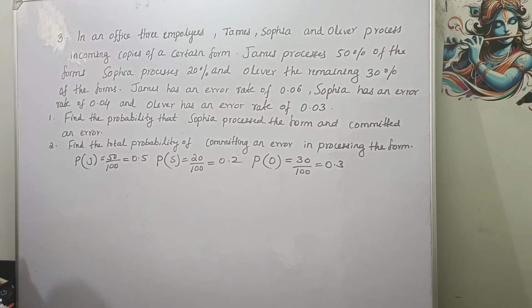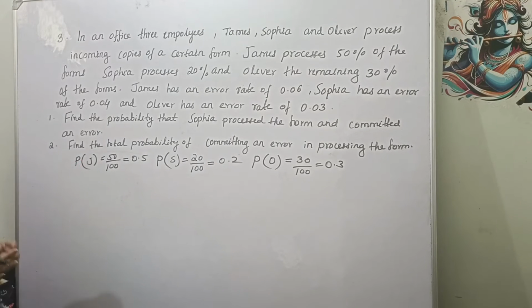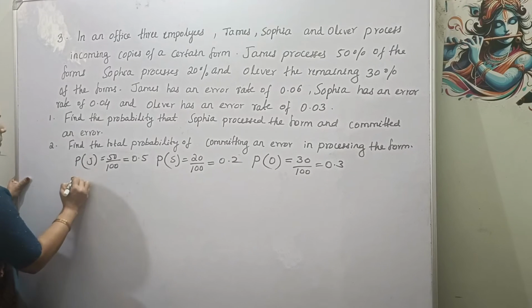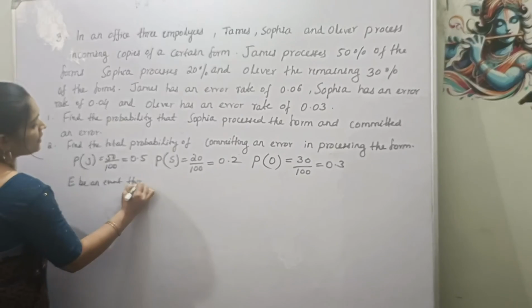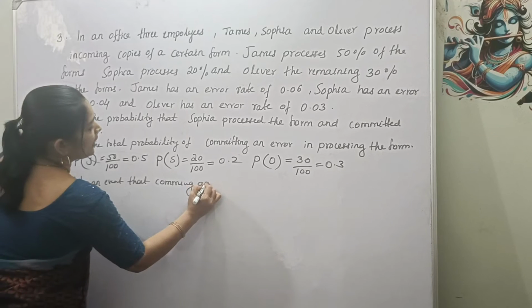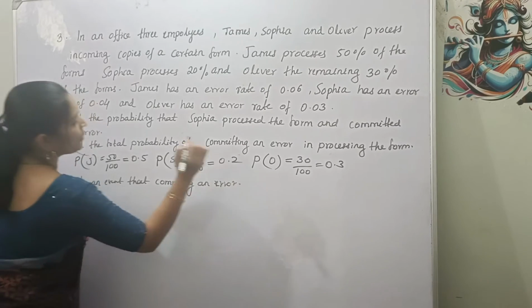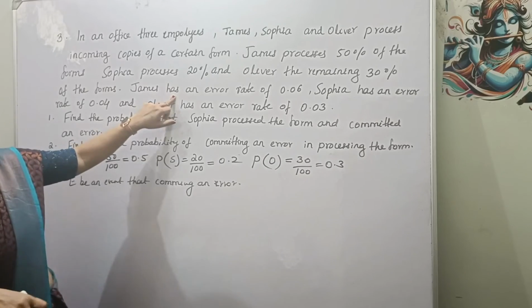And next it is given that James has an error rate of 0.06. So here let E be the event of committing an error.